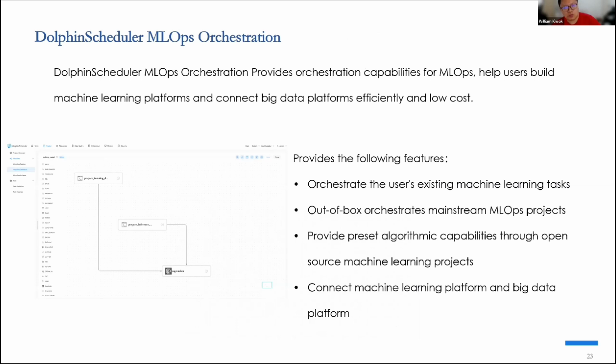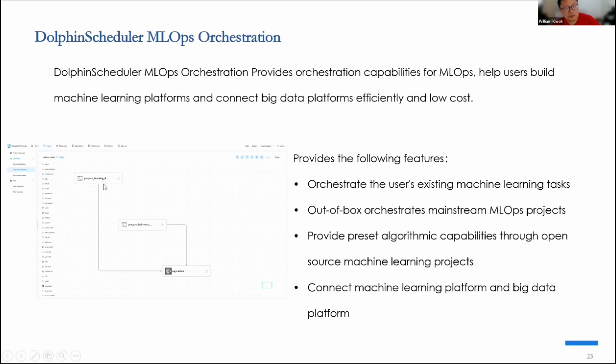DolphinScheduler can orchestrate users' existing machine learning tasks, and also out-of-box orchestrates mainstream MLOps projects. And then you can provide some preset algorithm capabilities through open source machine learning projects, and connect the machine learning platform and big data platform together.